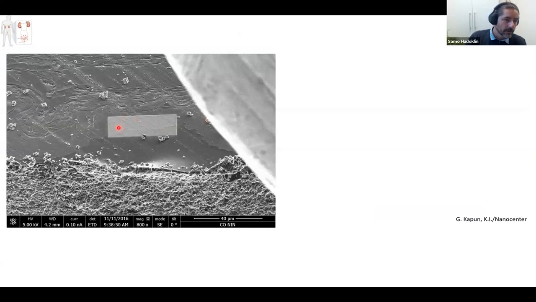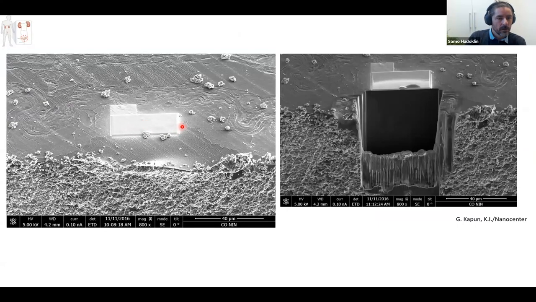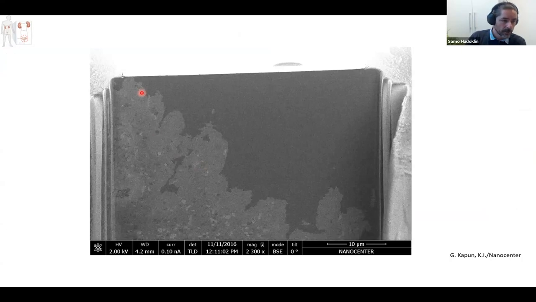So we protected this surface area by depositing platinum on it. Then we cut the trench, and this now black part is actually the place where you can do the imaging.